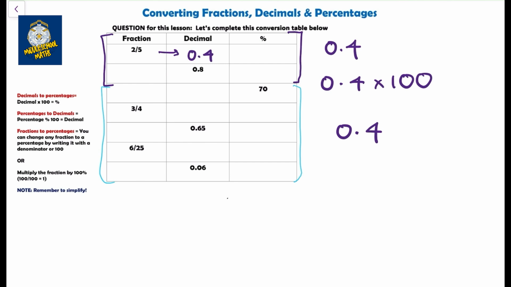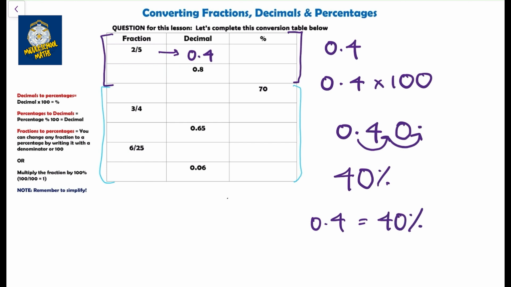So looking to the right, we can go 1 decimal place, 2 decimal places, and add a 0. So we get 40%. So 0.4 as a percentage is 40%. And we can put that up to the top of our table.